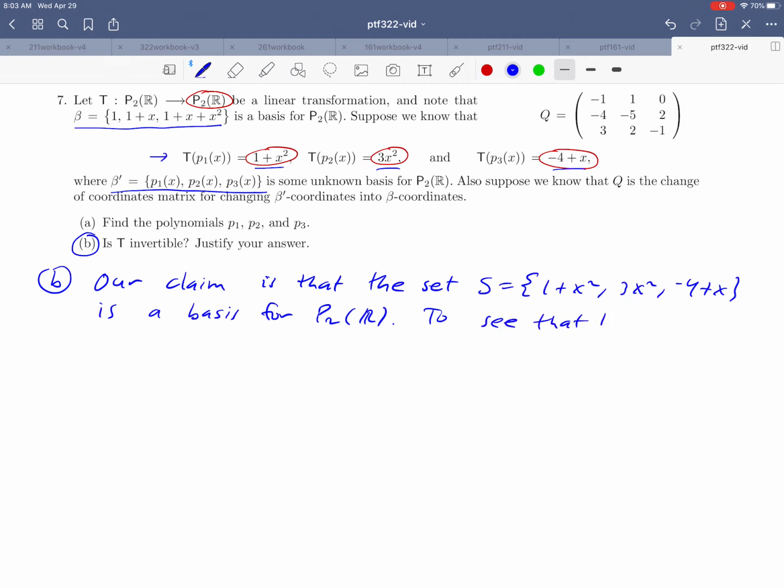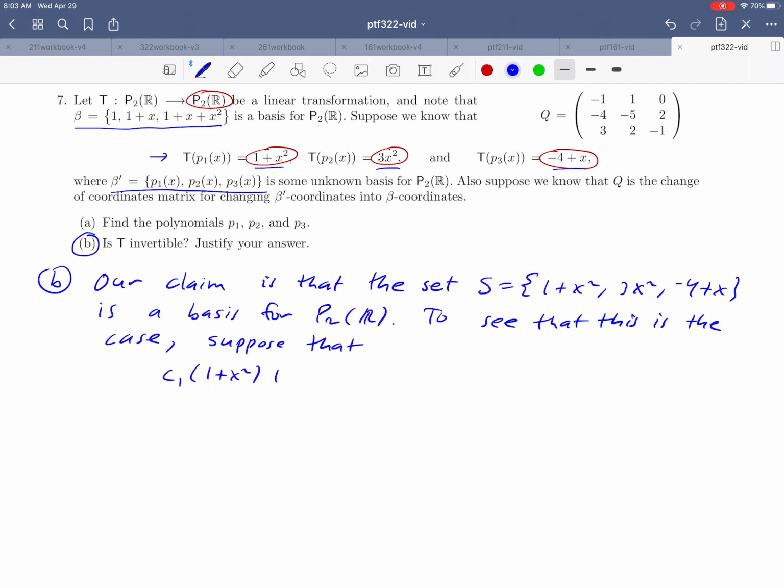To see that this is the case, we're going to take a linear combination of our polynomials in this set and set it equal to 0.